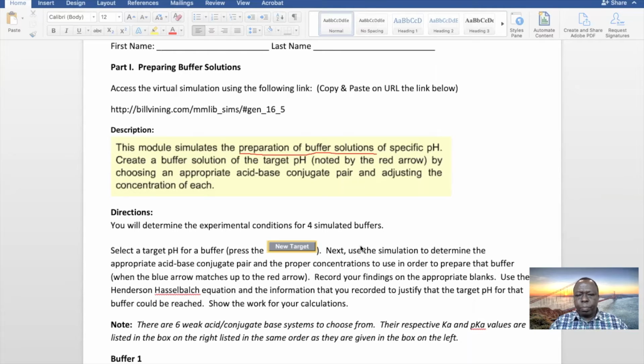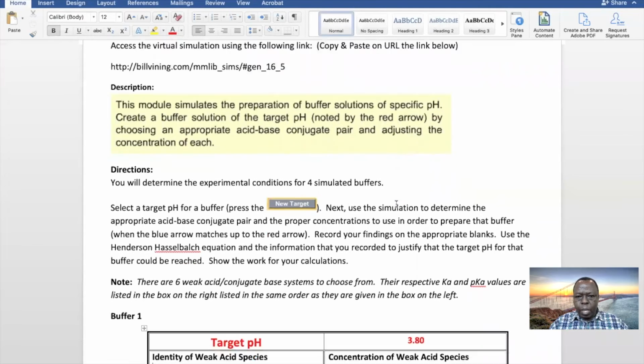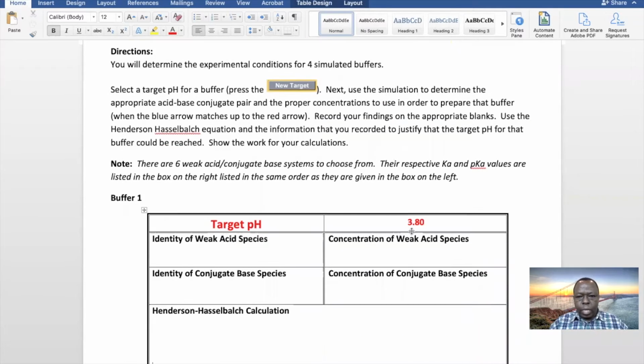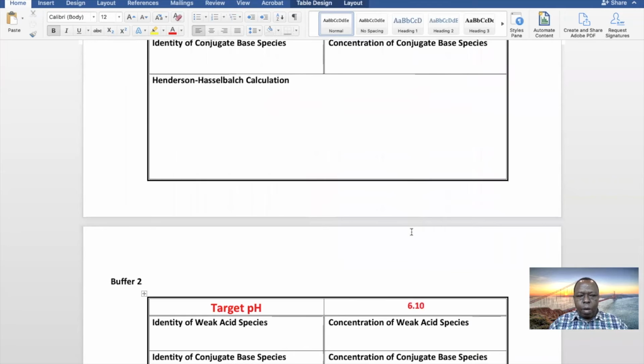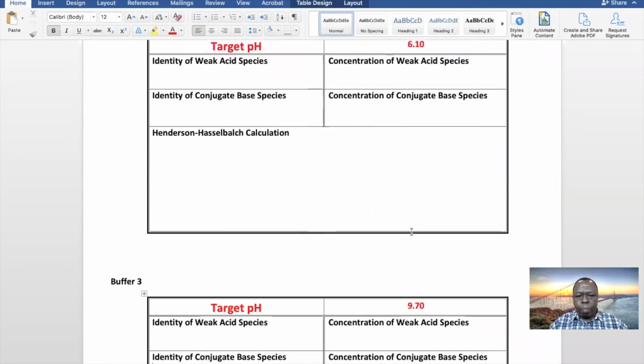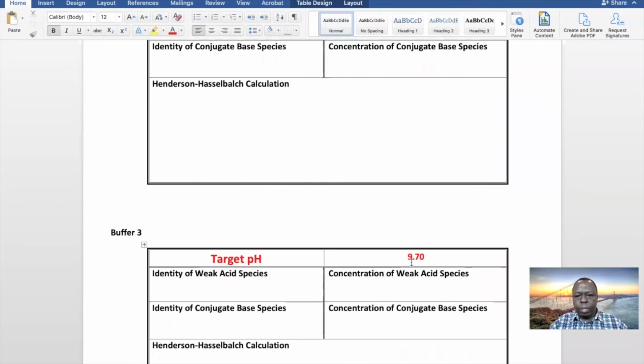For example, in part one, the desired pH is 3.8. This is the targeted pH. Part two, the targeted pH is 6.10. Part three, the targeted pH is 9.70.